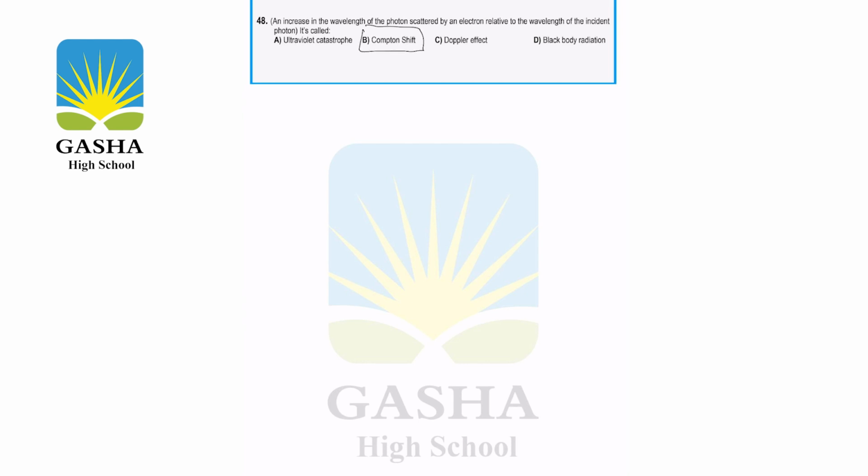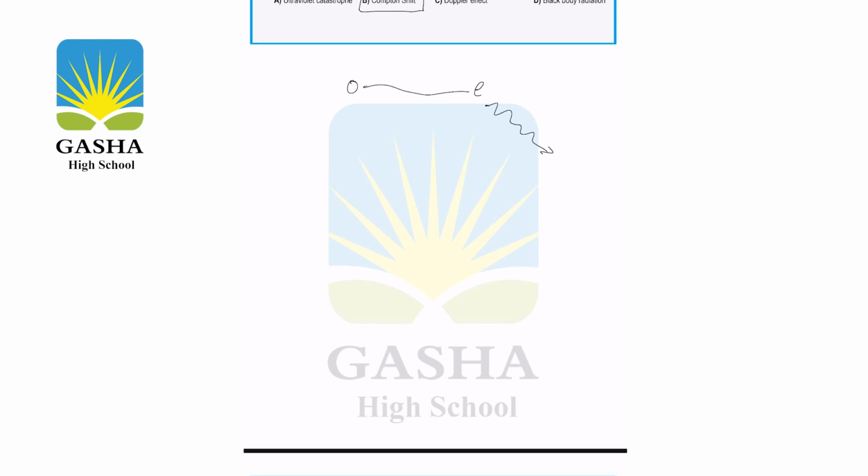So in the Compton shift, when a photon is scattered by a stationary electron, the scattered photon has a wavelength which is greater than the incident one. That's why we choose B as the correct answer, which is the statement above in the question is the definition of Compton shift.